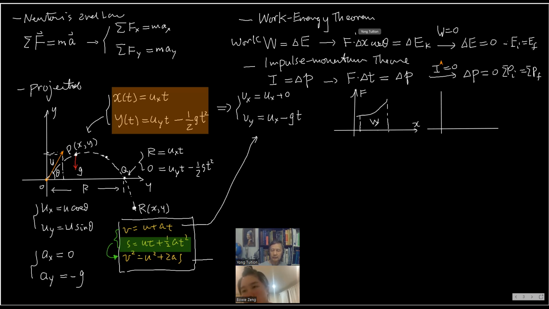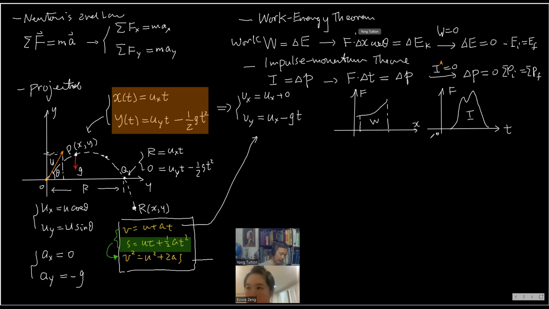On the other hand, if you have a force-time diagram, the area is equal to the impulse. These two diagrams are useful graphically to solve problems.